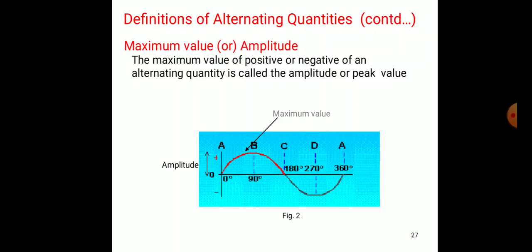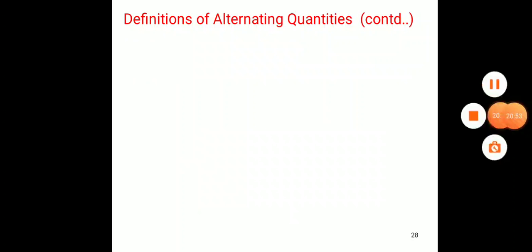Generally, alternating quantities are represented by the amplitude or peak value VP. In the waveform, the maximum peak attained in the positive or negative cycle is called the maximum value.